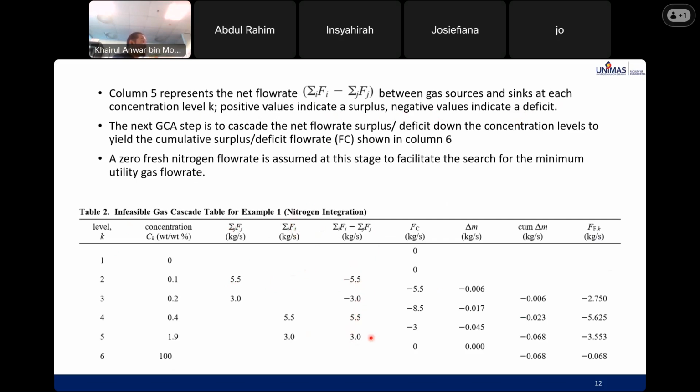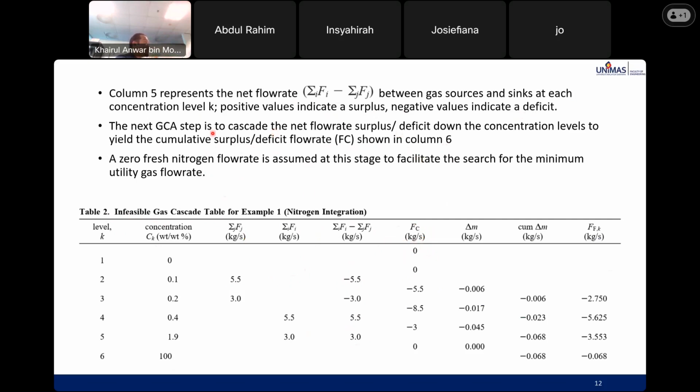And so on. The next GCA step is to cascade the net flow rate surplus or deficit down the concentration levels to yield the cumulative surplus or deficit flow rate FC shown in column 6. Why start with 0? We normally start with 0 for a gas cascade table, because we normally start with 0 FC.